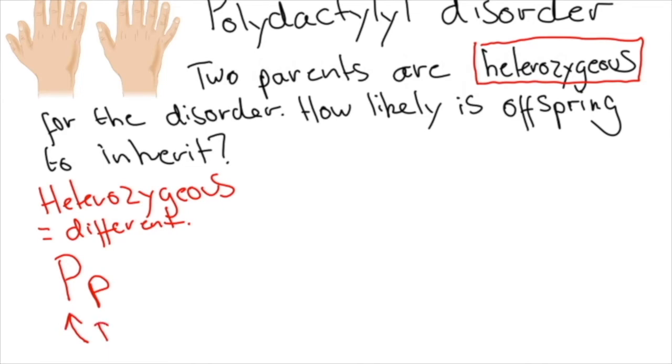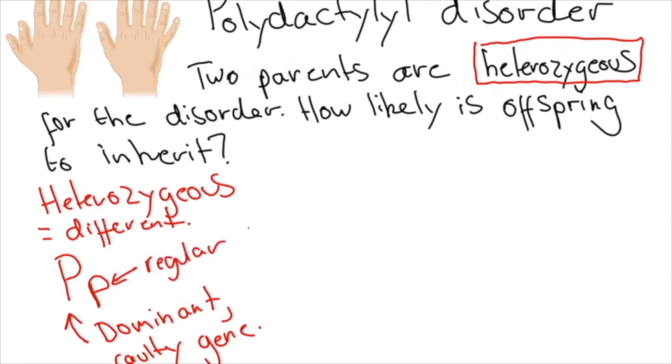And for the two parents to display this disorder, it must be that polydactyl is caused by a dominant faulty gene. If you have it, it will always display, it will be sitting on top. Whereas that other gene, the regular gene for 5 digits, is a regular recessive gene.